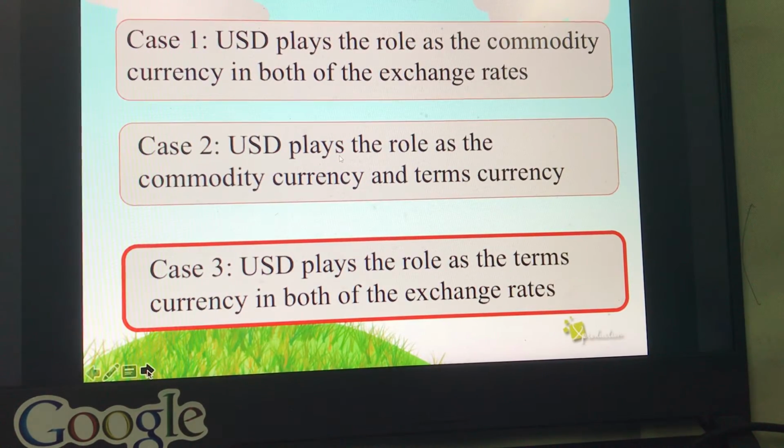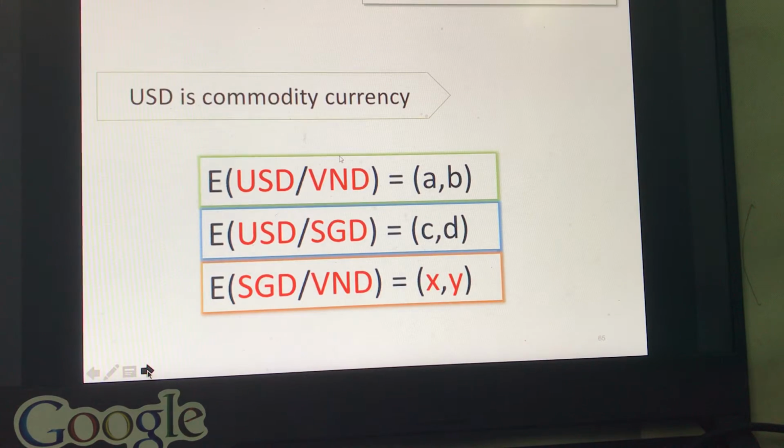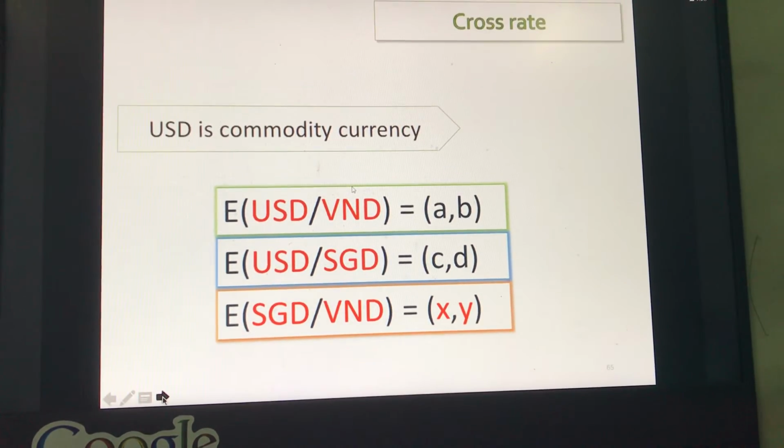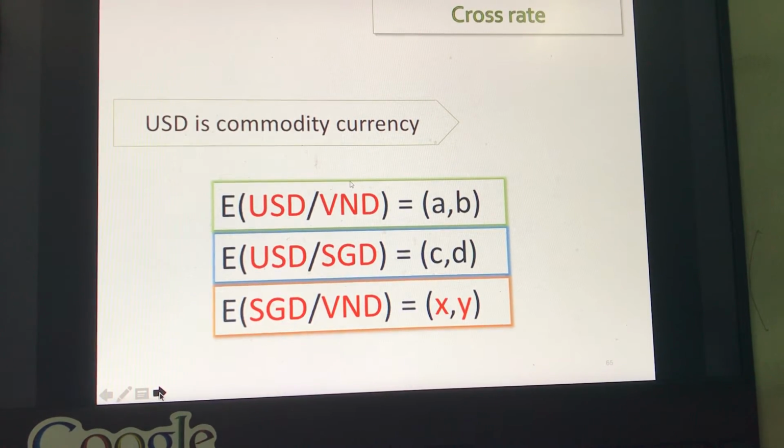So now we go to each case. In the first one, suppose that in the market we have the information on the exchange rate of USD against VND, A and B. A is the bid rate and B is the offer rate.